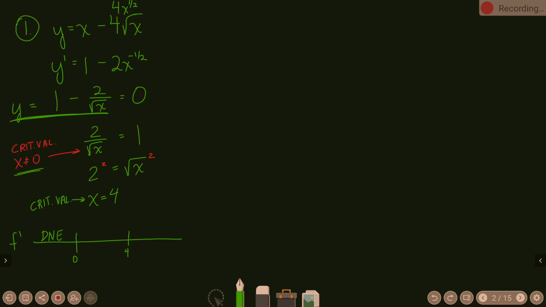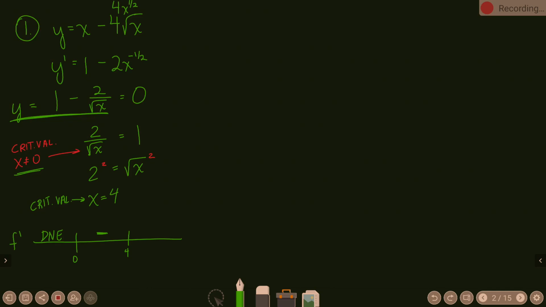Okay, what about between 0 and 4? Yeah. 1 minus 2 over, say, square root of 1. Okay, there you go. 2 over square root of 1 is 2. 1 minus 2, that is going to be negative there.